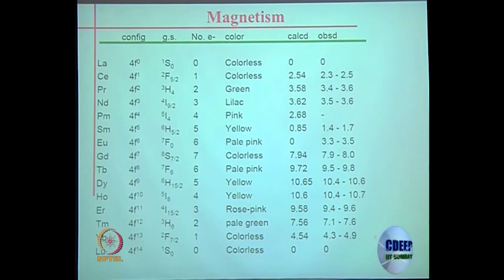For the class purpose, you may not need to worry. For less than half filled electronic configuration, it is L minus S. What is half filled? Half filled is 7. L plus S is for more than half filled. And from there you get this term symbol, the Russell-Saunders term symbol it is called.